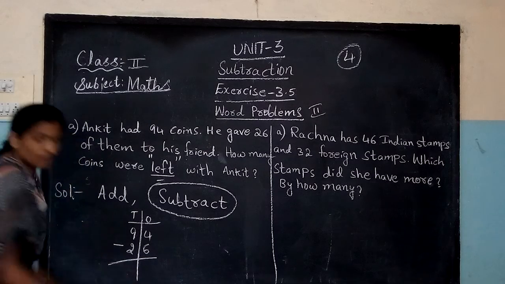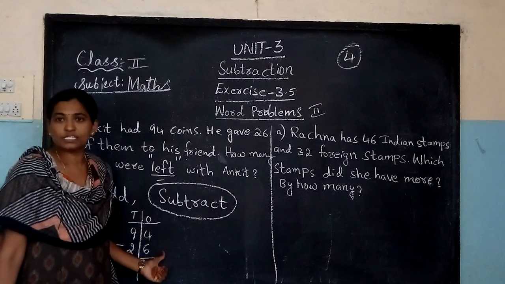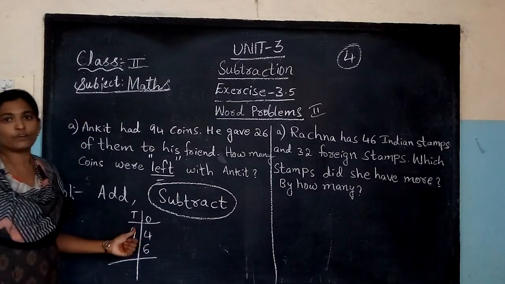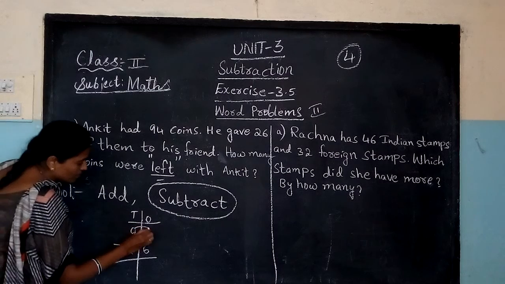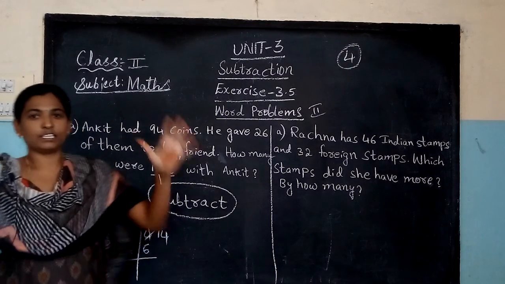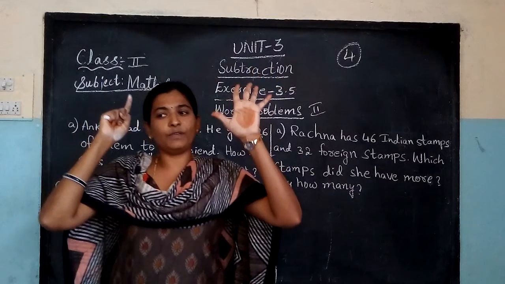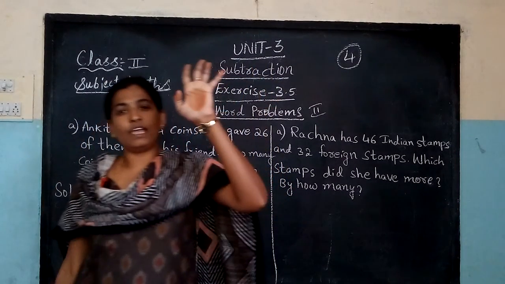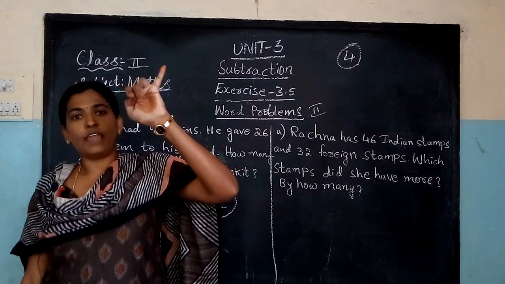Now from the small number onwards, you cannot take away 6. What do you have to do? Borrow from the tens column. What did it become? 14. Yes, 14 in the mind, and 6 on your fingers. 14 before 13, 12, 11, 10, 9, 8.